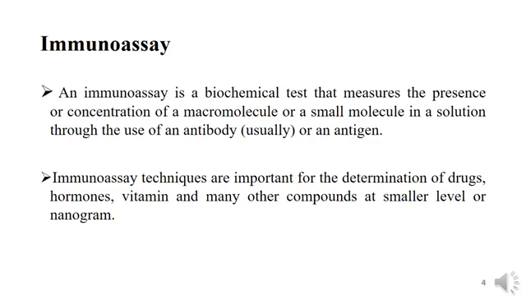Classification and formats of immunoassay. Immunoassay can be run in a number of different formats. Generally, an immunoassay will fall into one of several categories depending on how it is run. Competitive homogeneous immunoassay. In a competitive homogeneous immunoassay, unlabeled analyte in a sample competes with labeled analyte to bind an antibody.